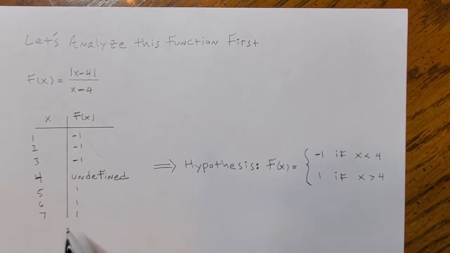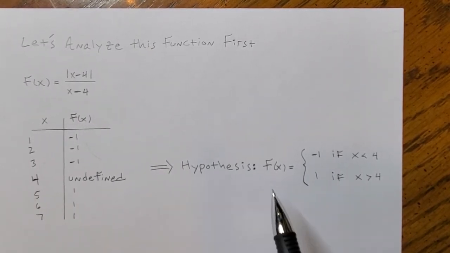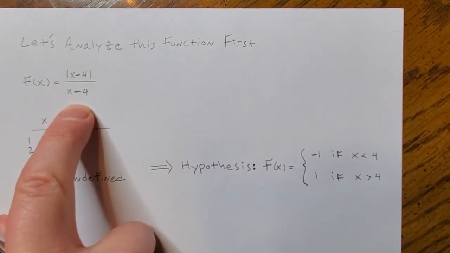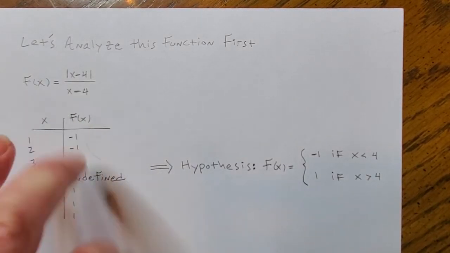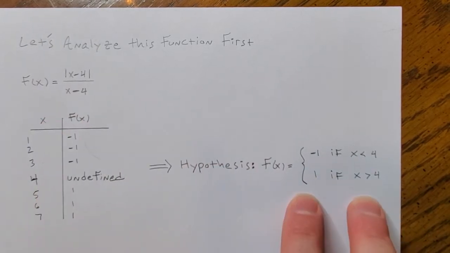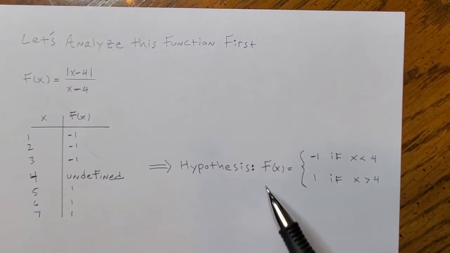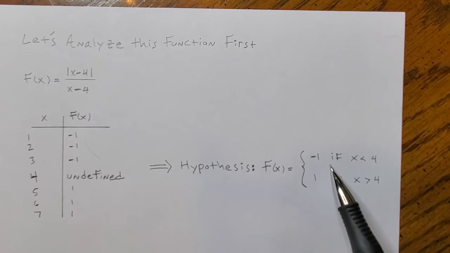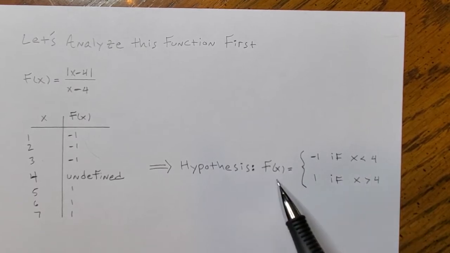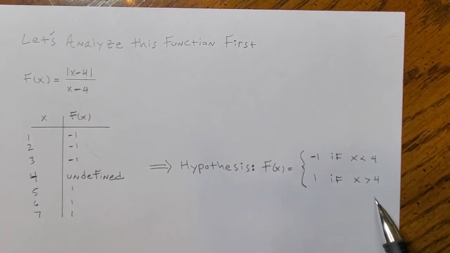So it looks like I'm seeing a pattern that if I plug in anything bigger than 4 for x, then y will be 1. So I have this hypothesis that here's what's really happening in that function. I could reduce it to these instructions. f of x is -1 if x is less than 4. f of x is 1 if x is bigger than 4.